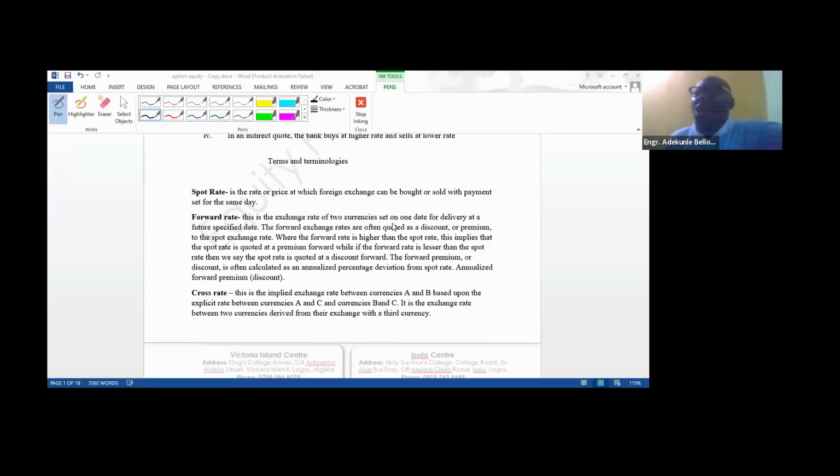If your forward rate is greater than your spot rate, the spot rate is quoted at a premium forward.